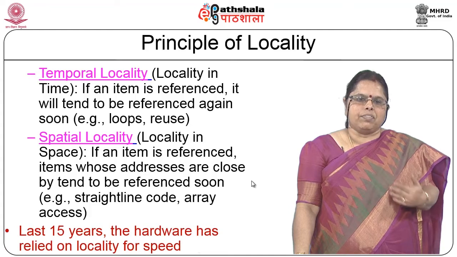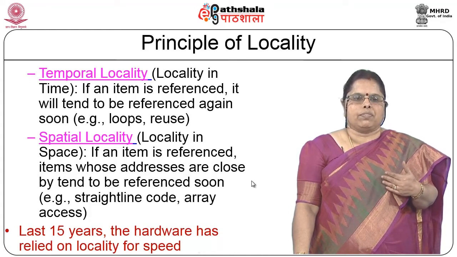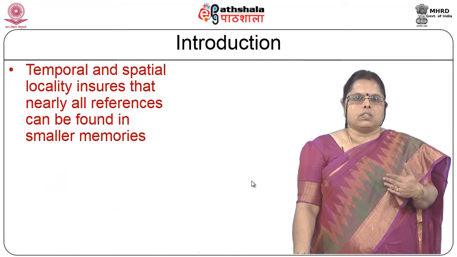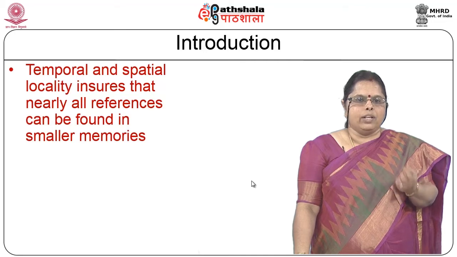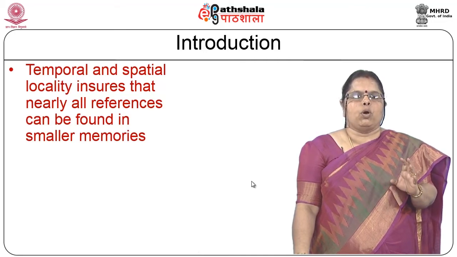For the past 15 years, the hardware has been exploiting this locality of reference, and it has relied on it for speed. The temporal as well as the spatial locality of reference ensures that nearly all references can be found in smaller memories.